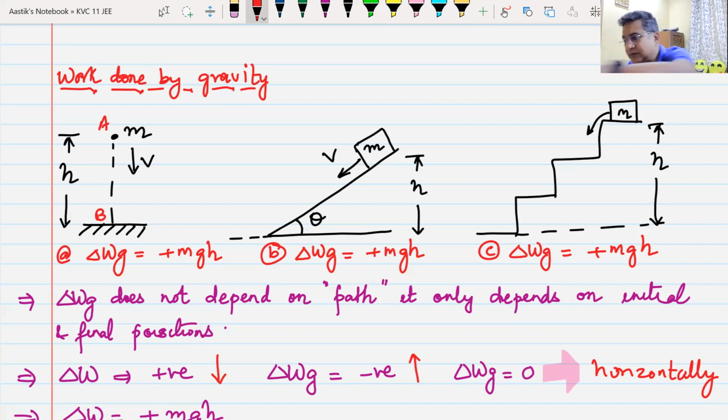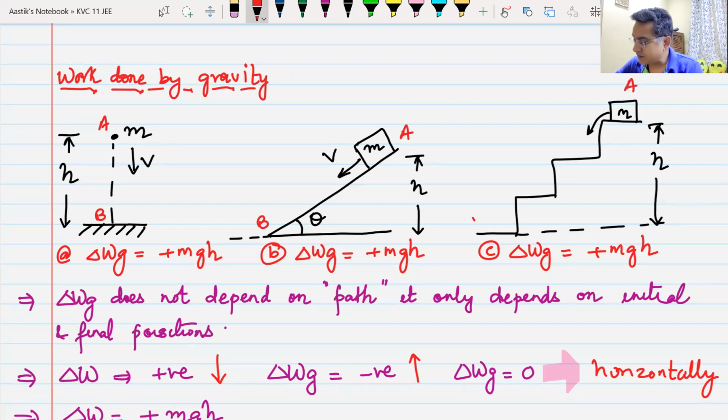So in all, downwards plus mgh, upwards minus mgh, in a closed path A to B, B to A, the total is going to be zero.